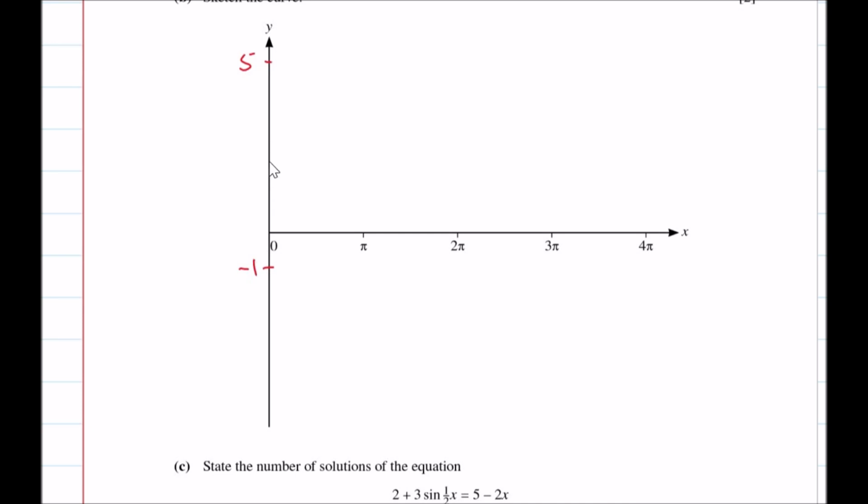Now 5 minus 1. If you add 5 and minus 1, we will get 4. 4 divided by 2, that is 2. So central line for this, a midpoint, will be for this range 2. Now this will be our central line. So let us draw.